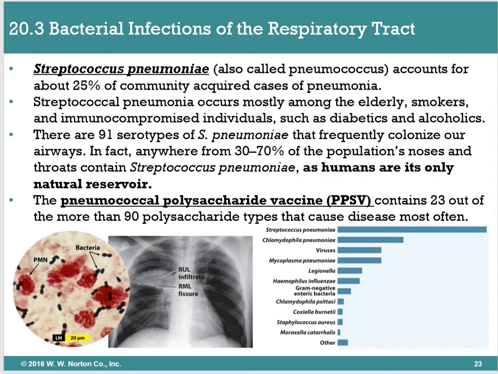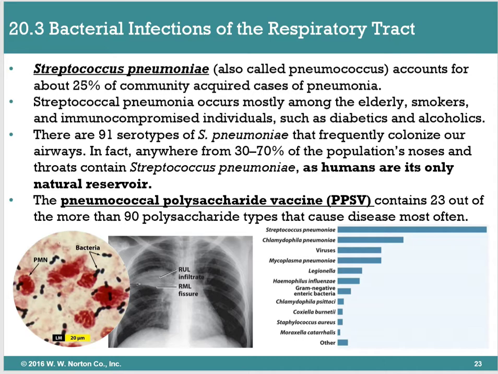Okay, just scratch that. So, like I said, it will colonize within the airway, but S. pneumoniae can actually just be a normal commensal within our nose and our throats, because we are a normal reservoir for it, meaning that it generally just lives on us and it's fine. So it's a normal commensal.